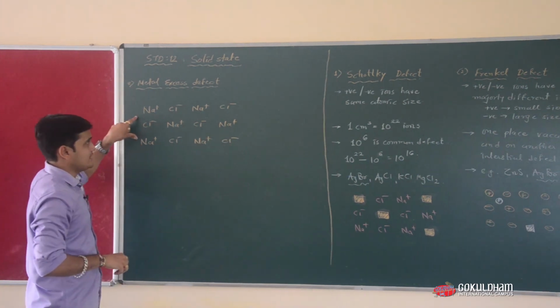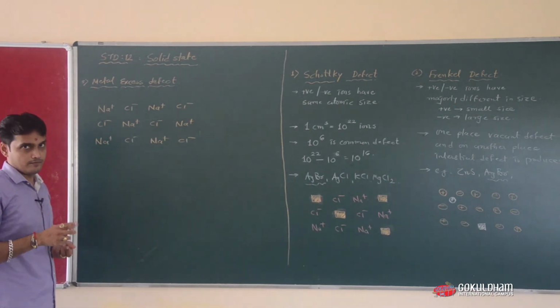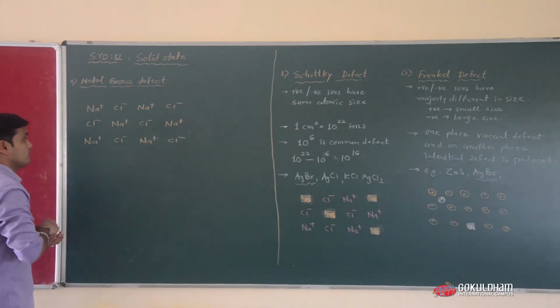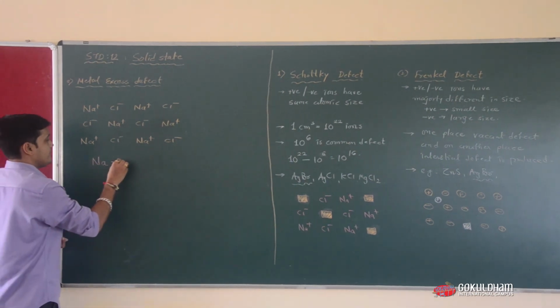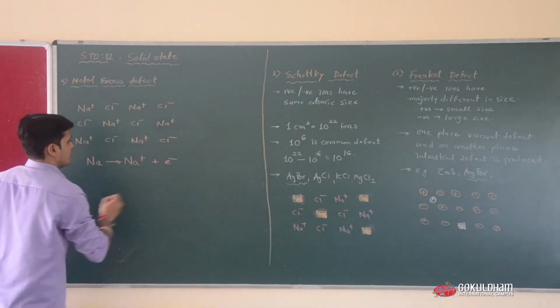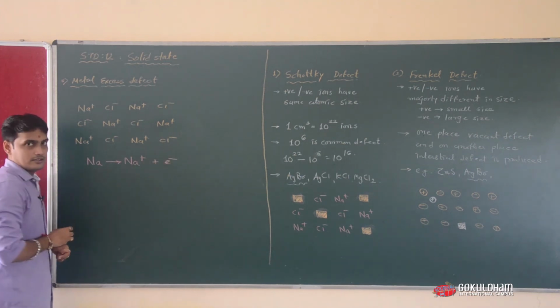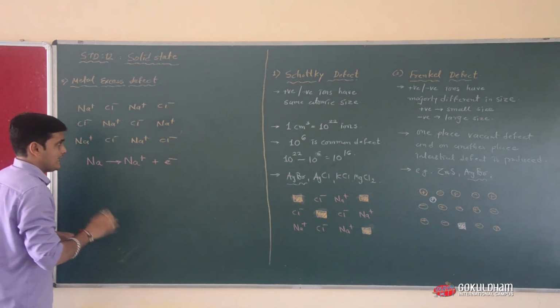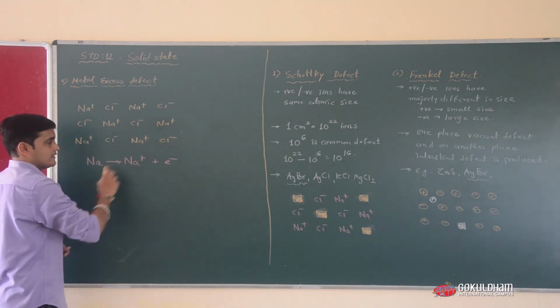Now this NaCl is heated in the presence of sodium vapor. When you heat this in the presence of sodium, then the sodium will liberate its one electron. So Na is converted into Na plus and an electron is liberated over here, and another Cl minus will react with this Na plus.